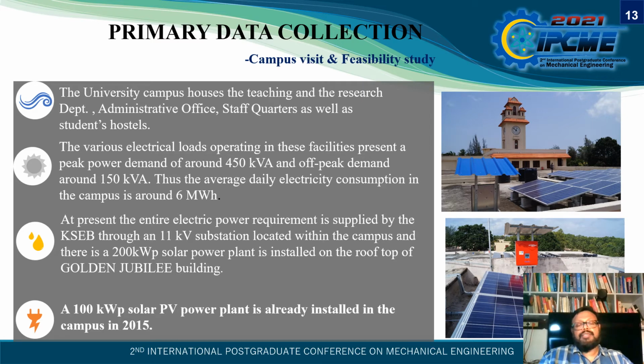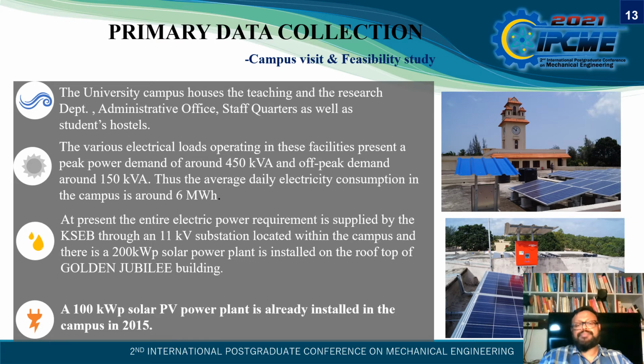The connected load, the peak power demand of the campus, is 450 kVA and off-peak demand is 150 kVA, and the university campus requires an average daily electricity need of 6 megawatt-hour. At present, the power is taken from a substation nearby through 11 kV feeders.